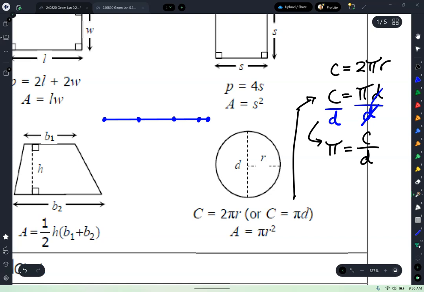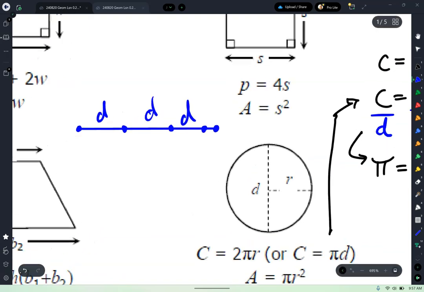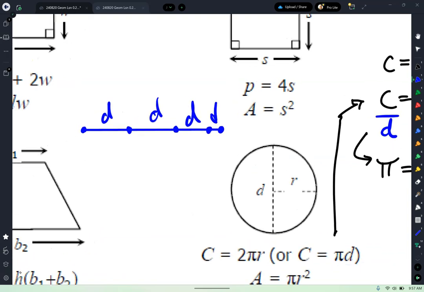We can break this distance up into 3 equal segments and then a little bit left over. Those equal segments are the distance across the circle, the distance across the circle, the distance across the circle. Then you've got this little weird piece right here, which is about 14% of the distance across the circle.